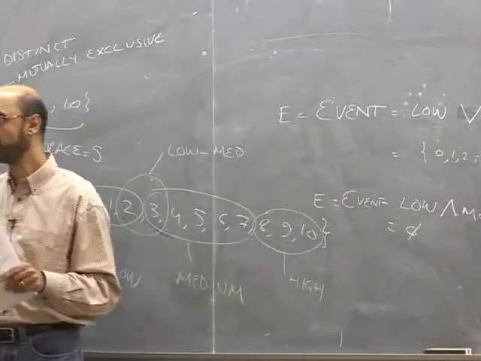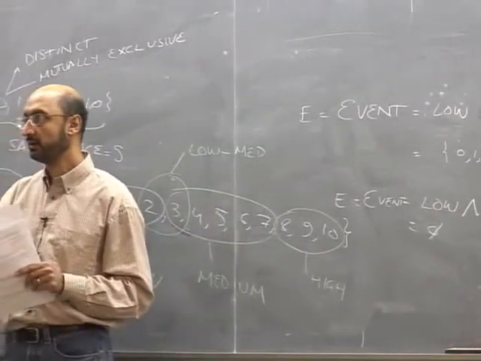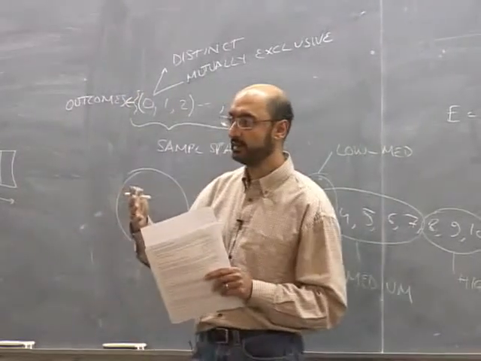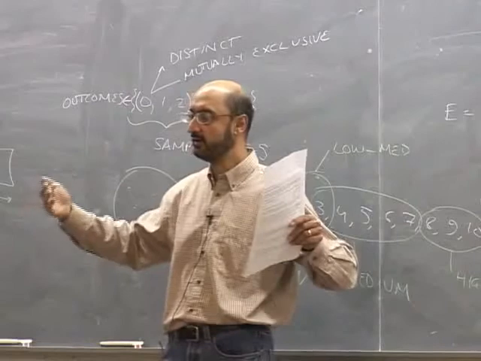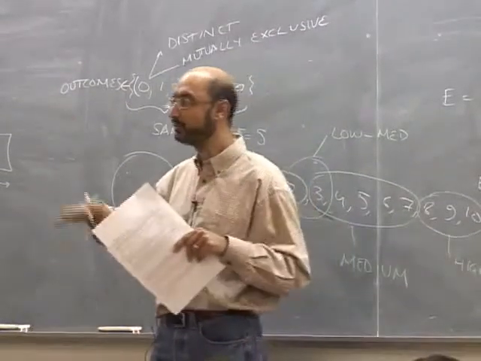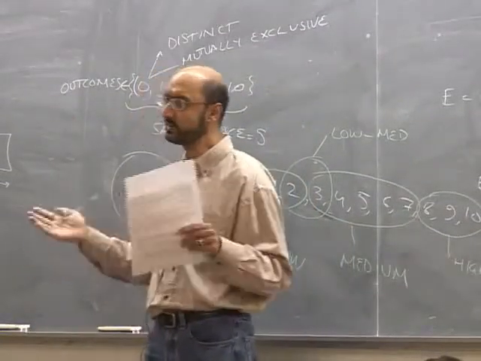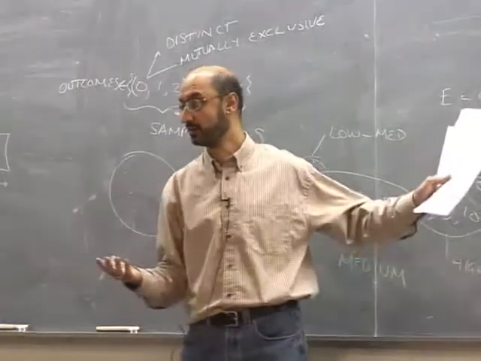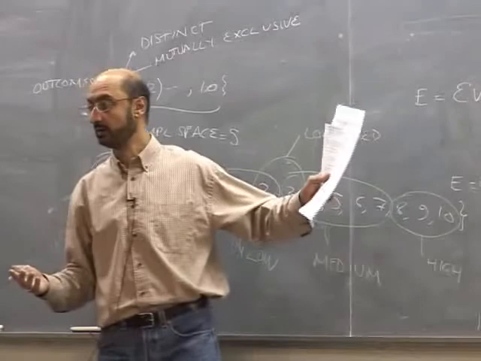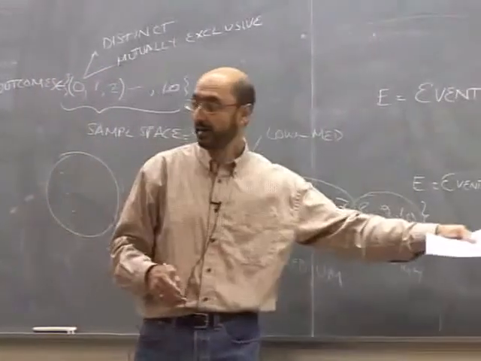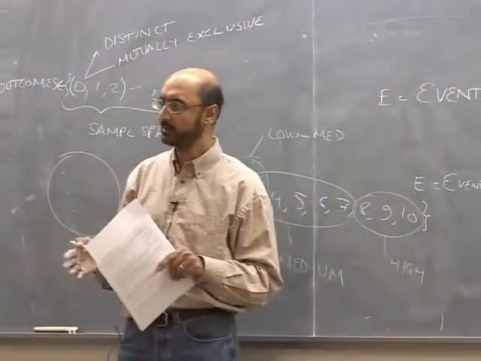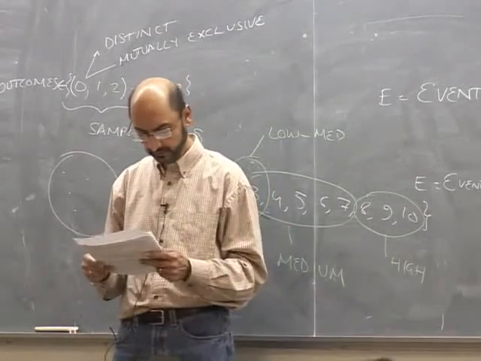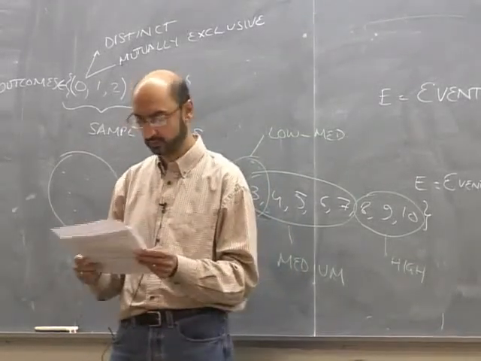So if event E1 happens or event E2 happens, either way I'll say event E happens. And the other one, the AND, means that they both have to happen, otherwise I'll say the event did not happen.